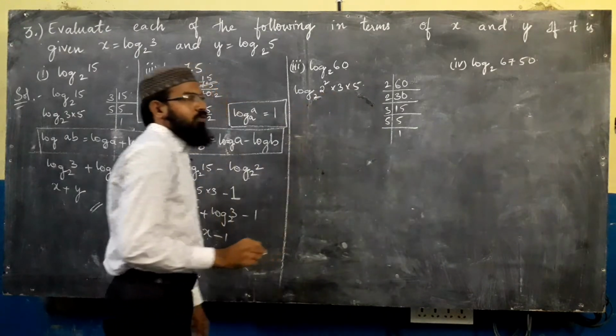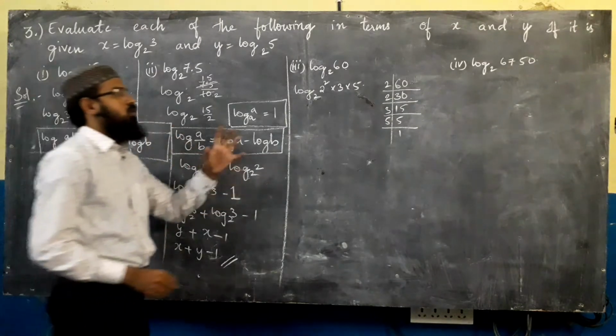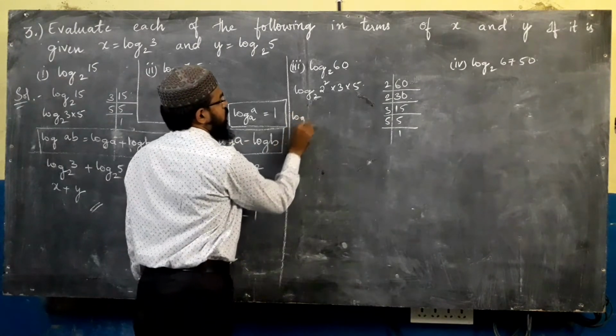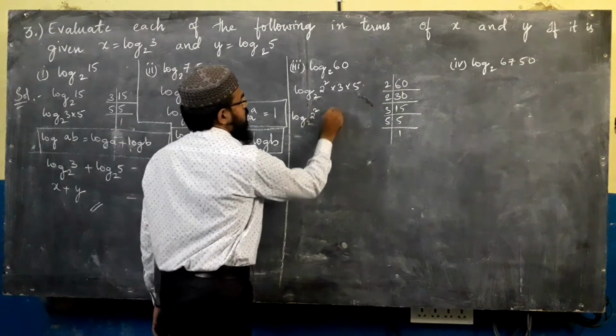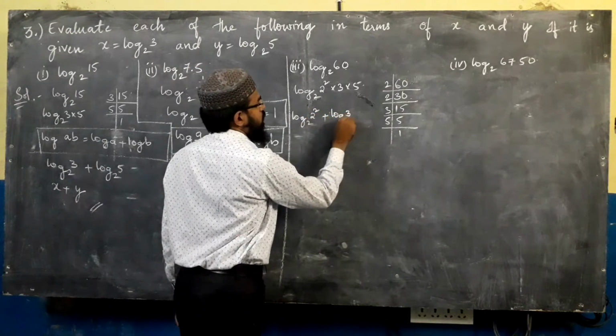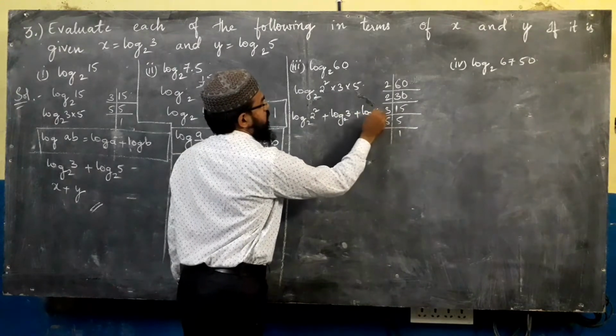So it is in the form of log ABC. So log A plus log B plus log C.